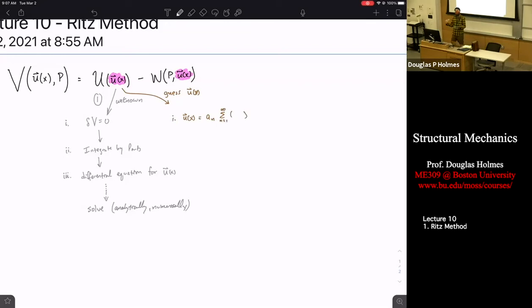Here, we will use Fourier series. Today we're going to use a polynomial series and a Fourier series. I'm going to talk to you about the differences between these choices.